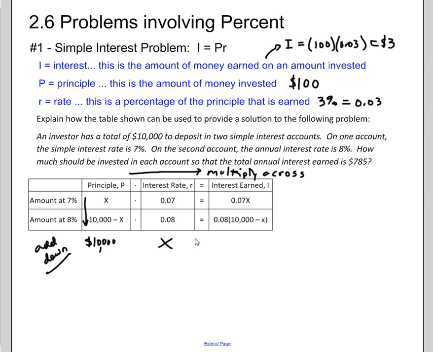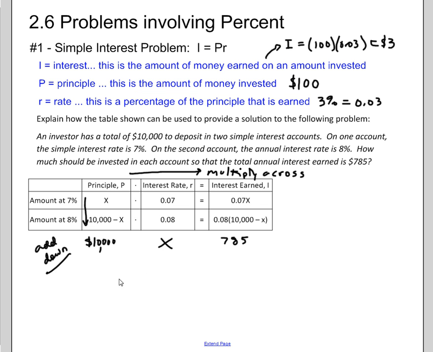We're not interested in that, but we are interested in the total interest. So if we multiply across, X dollars at 7% gives me 0.07x. 10,000 minus X dollars at 8% is going to give me 0.08 times 10,000 minus X. And my total, as stated in the problem, is $785.